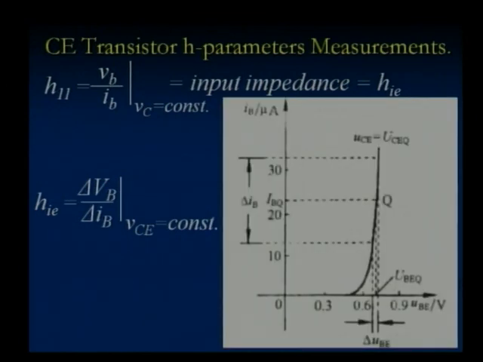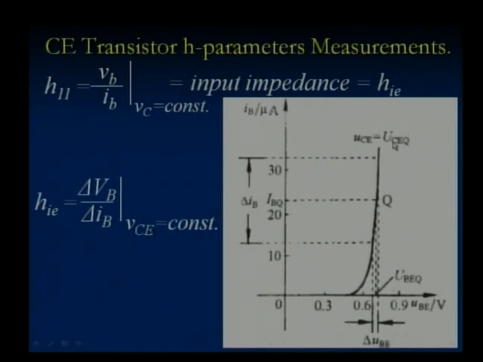So using these characteristics, this is nothing but a graph of IB, that is base current, against the base voltage. So this is the input characteristics. So from the input characteristics of the common emitter transistor, we can find out HIE. How? See how it is defined: change in base voltage to the change in base current when the output, that is collector to emitter voltage, is constant.